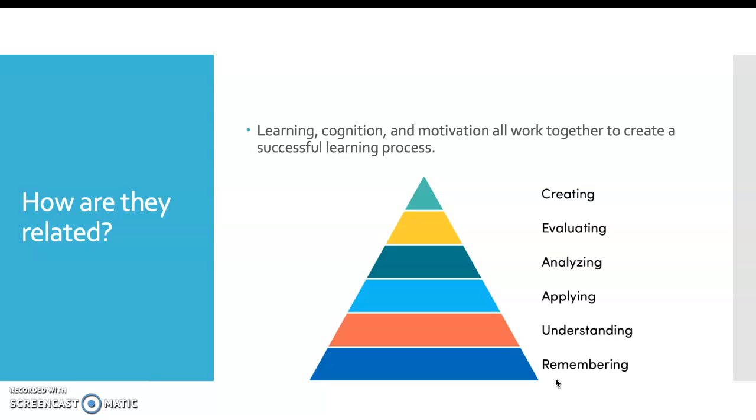So how are they related? Learning, cognition, and motivation all work together to create a successful learning process. So I think of motivation as kind of being the starting point, because if you're not motivated to learn, you won't. So I think of that as the starting point of establishing what your goals are and why you're choosing to learn something. And then once you've set that and you know why you're doing something, you begin to learn.